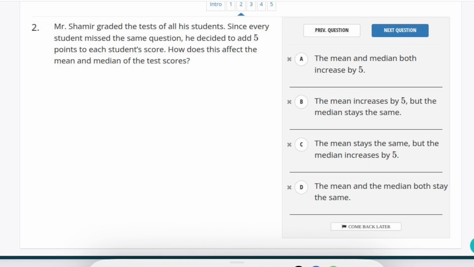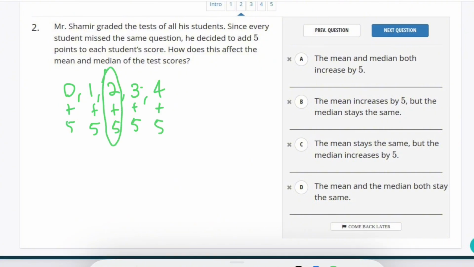That might sound a little confusing, so I'll explain what that means. Let's say we have data that is 0, 1, 2, 3, and 4. In this case, the median would be 2, because that is in the center. Then if you add 5 to each one, the median will stay in the same place, right here in the middle.